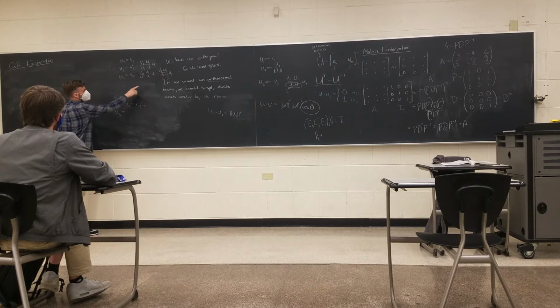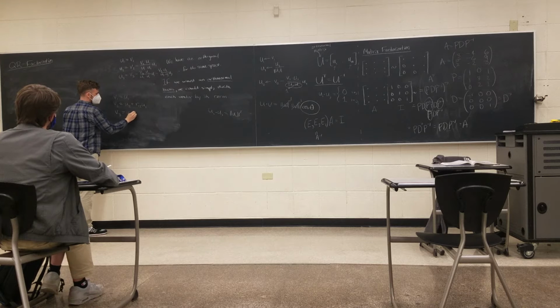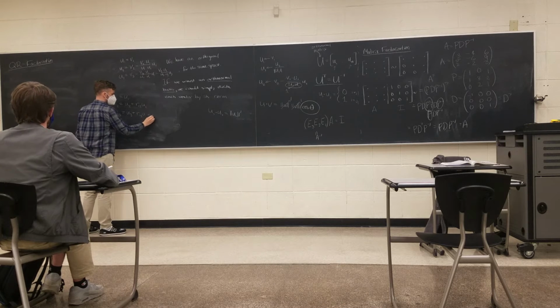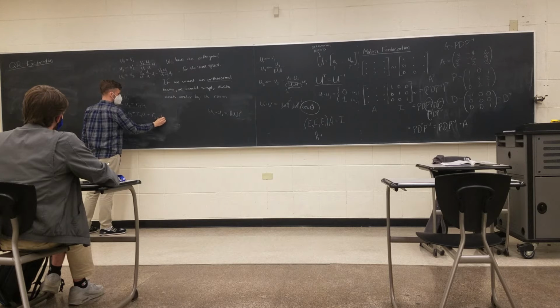For U3, I just add these over the other side, and I've got U3 plus something times U1 plus something, I'll call it R23, times U2.